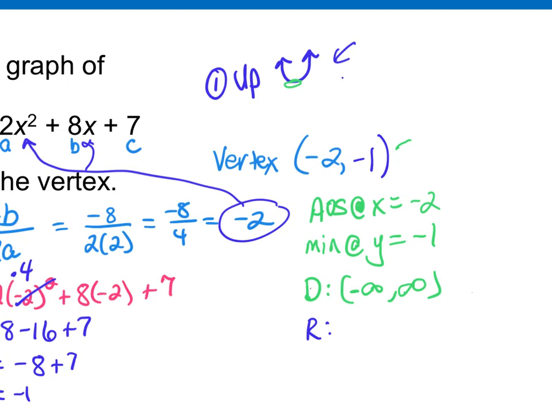My range is going to start right here at the y part of the vertex, which is -1, and it's going up to positive infinity. You can tell all that just by finding the vertex.